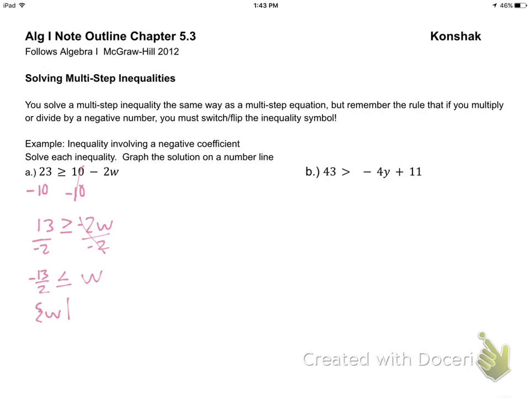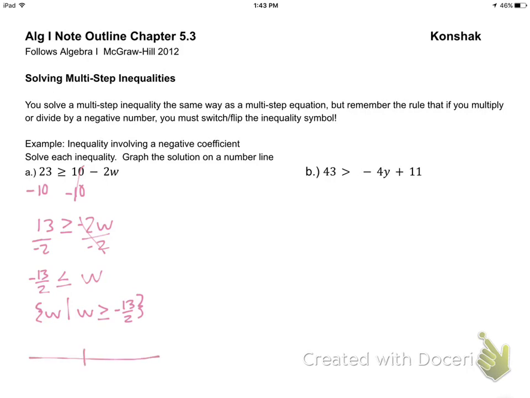What always comes first? The variable goes first. So now I have to flip the whole thing and say w greater than or equal to negative 13/2. Remember, your variable goes first. It's like you pick up this whole entire piece right here, cut it out, and you look at it from the other side. So flip it over. And then, of course, we got to graph it.